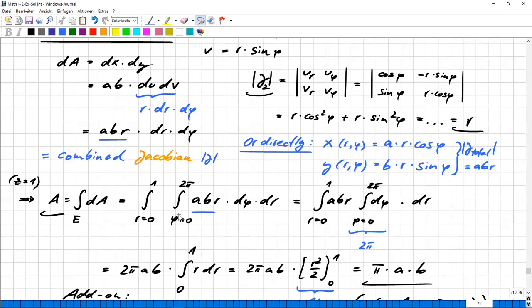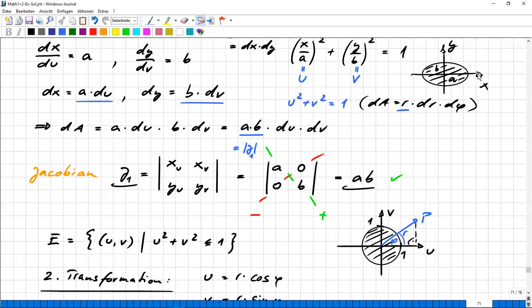Why? Because this is just once around. You see it here. I start here, you could say, and then I let phi go counterclockwise once around from 0 to 2 pi. This is just one rotation, but at the same time, I must increase my radius variable starting in the origin from 0 to the radius of my transformed ellipse, because in this way the radius varies depending on the direction.